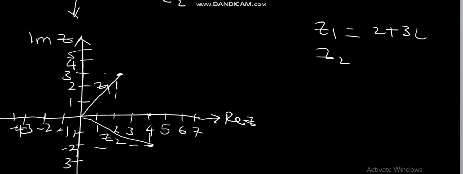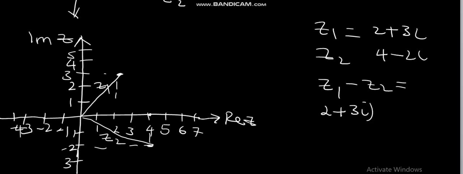Remember they wanted us to find z1 minus z2. So z1 minus z2, we are going to subtract real parts from real parts and imaginary parts from imaginary parts. That is 2 plus 3i is z1 minus 4 minus 2i.